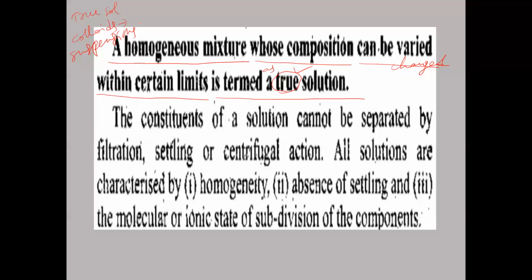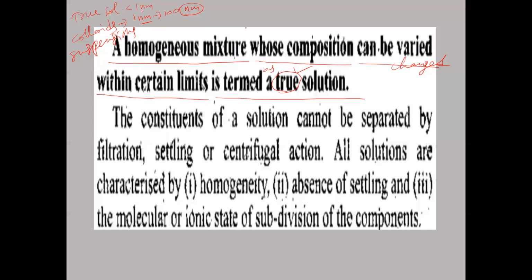Now in the case of colloids, the particle size will be 1 nanometer to 100 nanometers. If the particle size of the solute is 1 nanometer to 100 nanometers, it is called a colloid.